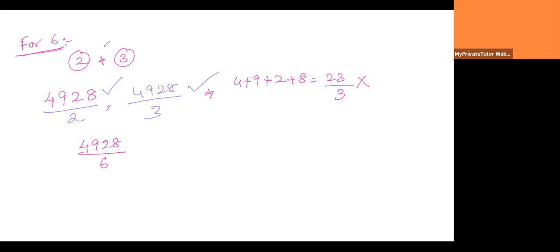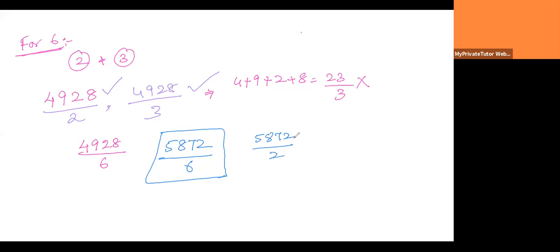Let's take a different question. 5,877. Is it divisible by 6? So how to check? We just need to check, is it divisible by 2? Yes, the last digit is even. So yes, it is divisible by 2. And then is it divisible by 3?